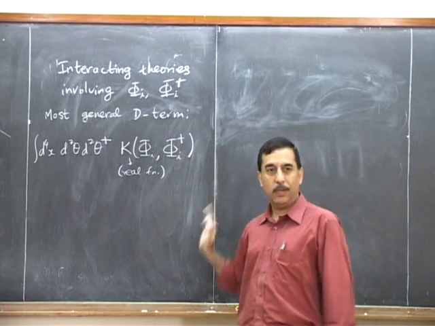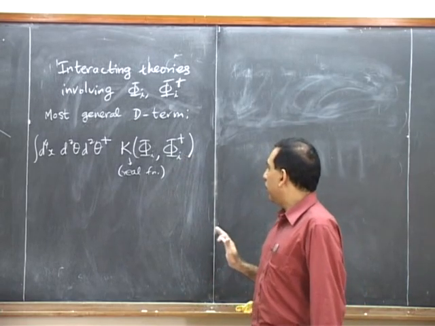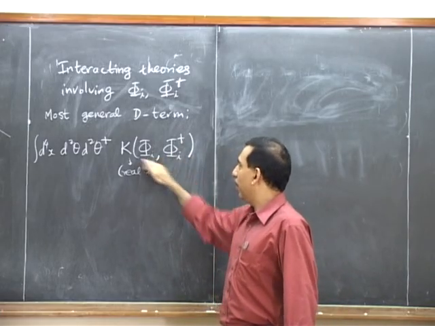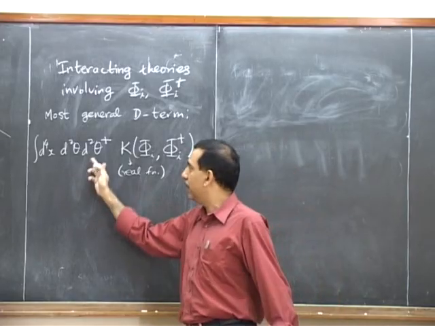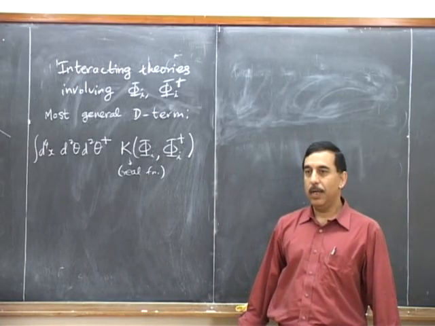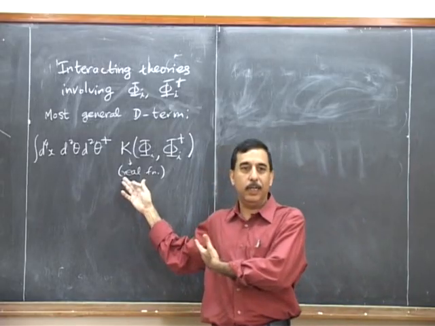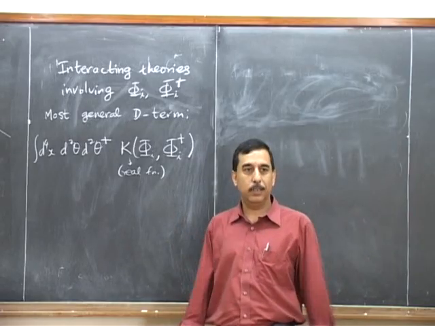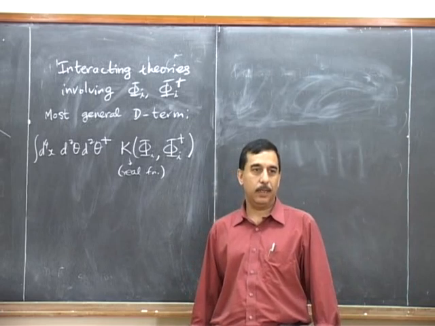Phi dagger transforms in the opposite way. When we transform both of them, each of these is not invariant, but when we made a product phi times phi dagger, we found that after integration in d2 theta d2 theta dagger, it is invariant. We'll see that it's a very general property, and it should be so because the whole point of constructing an invariant Lagrangian is to take covariant pieces and put them together. So I claim that this is always invariant for any choice of K.